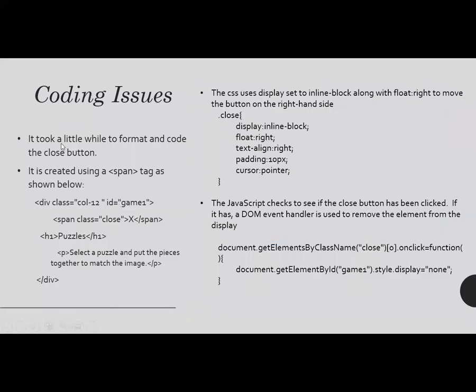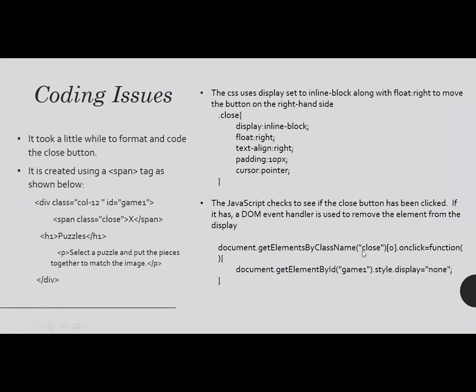The only coding issue was getting that close button to display in the area I wanted it to show in the upper right corner, and getting it so that I could manipulate the button for each one of the games.